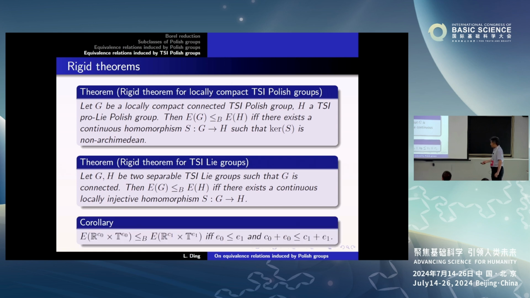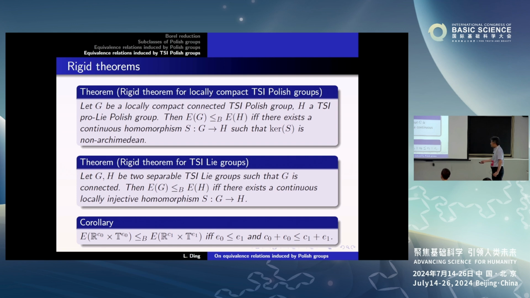As a corollary, we use G and H on this very simple Lie group: R^c0 times T^e0. Here T is the group of complex numbers with norm 1. So for this group, the equivalence holds if and only if e0 is less than e1.